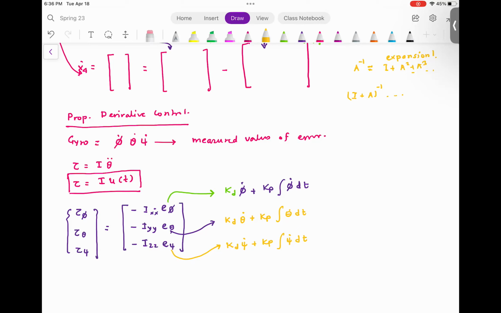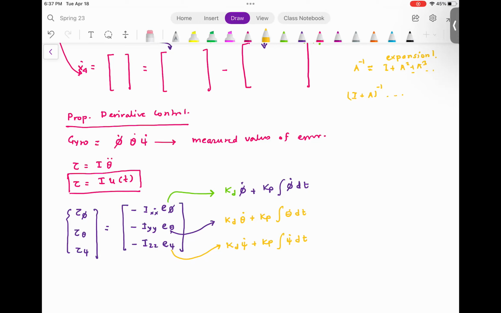Now the question is, how much restoring torque would you apply? It depends upon the amount of disturbance and the rate of change of disturbance. Does it make sense? What does that mean? Basically, if the disturbance is fast, you apply the countering torque quickly. If the disturbance is slow, you apply the countering torque slowly. So that's what it means.